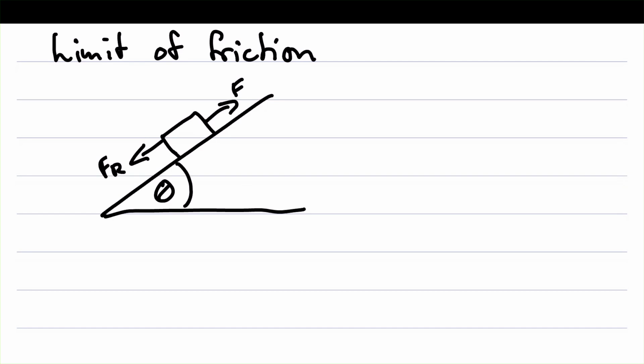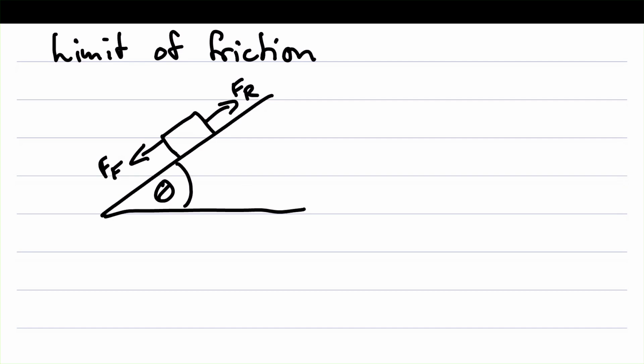But if we have our resultant force pushing upwards, so it's limiting equilibrium, same as before, except it's going to be moving upwards, so I'm pushing it up the slope and at limiting equilibrium, so it's just about to move, then friction will oppose that motion and go downwards.